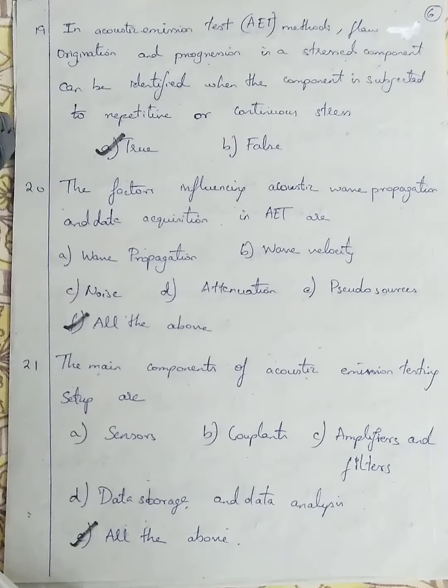Question number 22. The modes of acoustic emission signals are, we have two types of modes in AE signals. We'll see first the options.